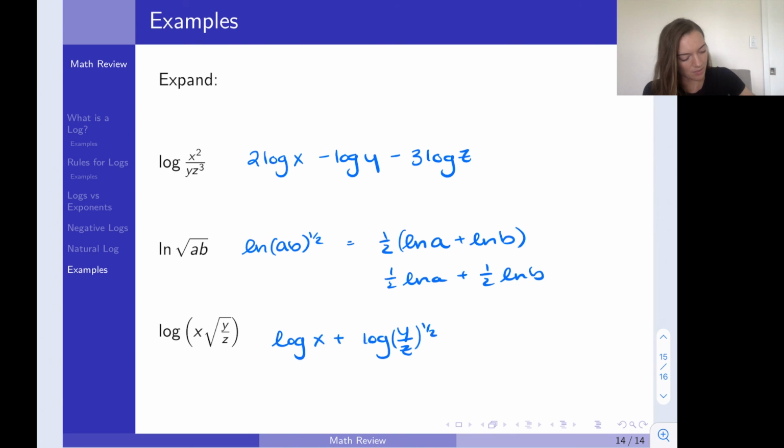So we have log x plus 1/2 log y minus log z. And then I can distribute out the 1/2 to both the log y and the log z and get 1/2 log y minus 1/2 log z.